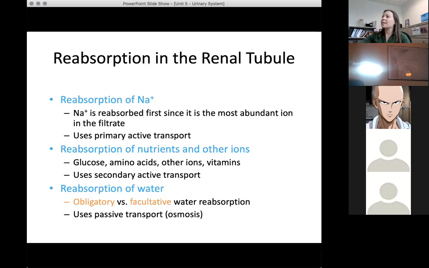At the transport maximum, it's right underneath of reabsorption. Do you see that? Okay, yes. Okay. Can you repeat what you just said? I'm so sorry. That's okay. So it's the maximum amount of any substance or nutrient that can be reabsorbed in 1 minute.